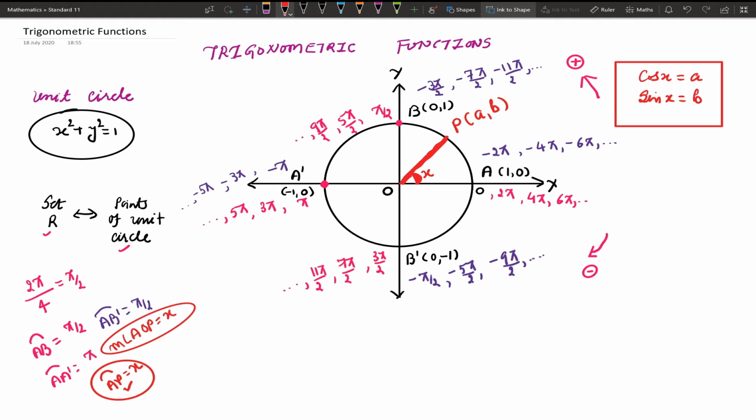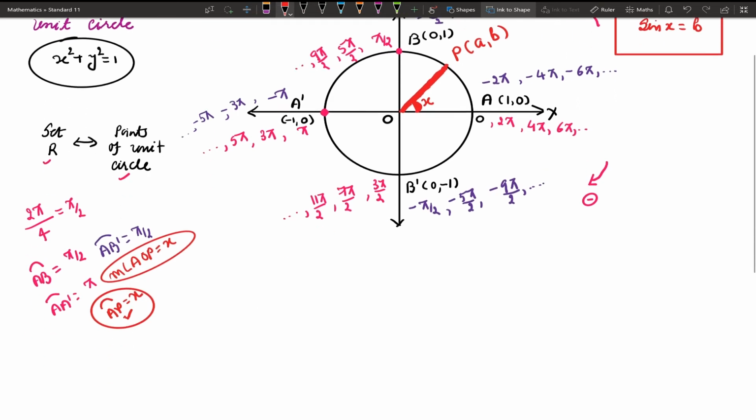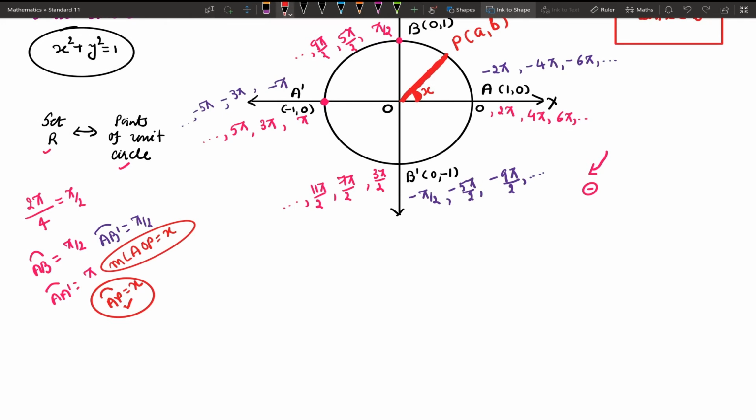And if the coordinates of point P are (a, b), then cos x equals a, that is, the x coordinate indicates the cos function, and the y coordinate indicates the sin function. Actually it is the same; if we think of it separately, this is P.